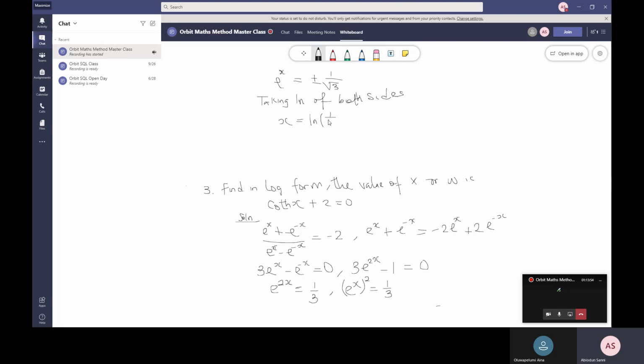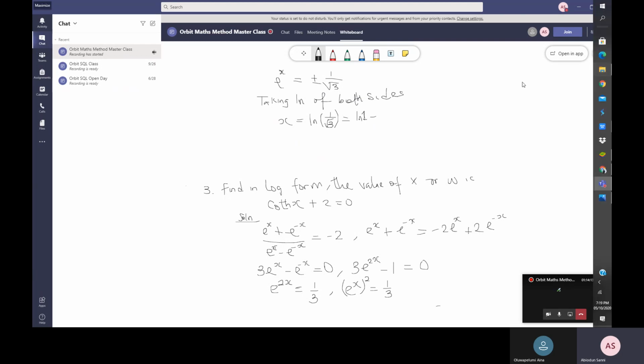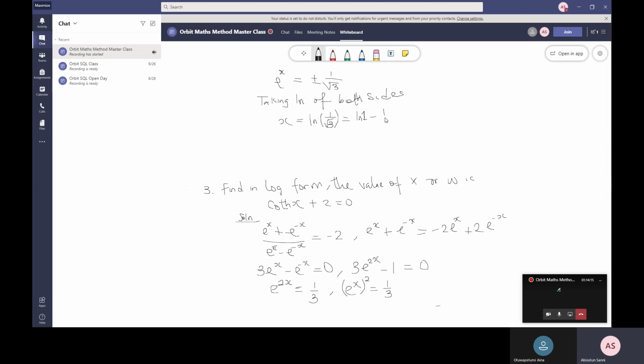I'm not going to consider minus 1 over root 3. So here I can say this is now equal to, using the law of logarithm, ln a over b is ln a minus ln b. So that will be ln 1 minus ln root 3.